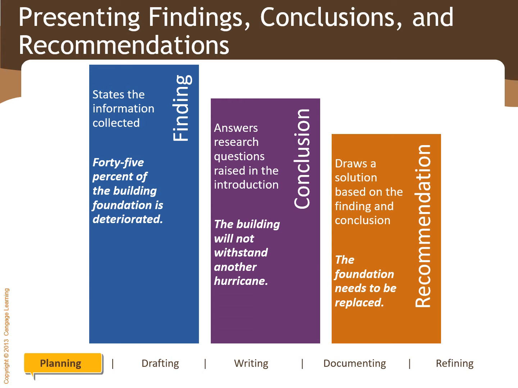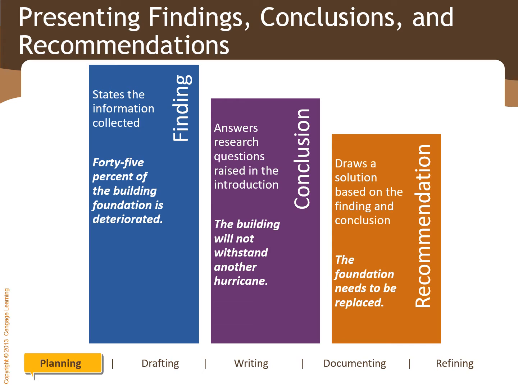You have to state the results of what you found. Based, for example, on the results of the survey that you distributed, you have found out that 45% of the building foundation is deteriorated. So in this case, you have to basically show and tell your audience what were the results, what did you find in your investigation, in your report, in your study.